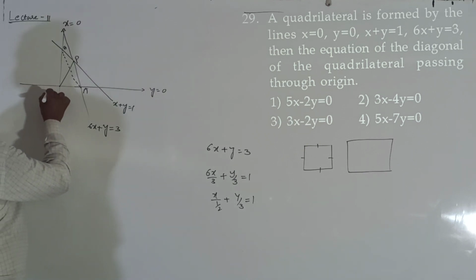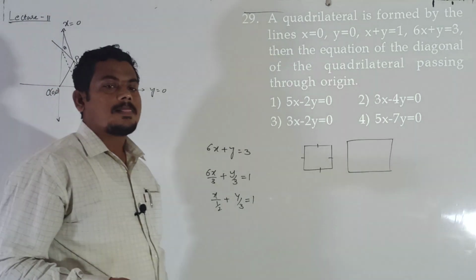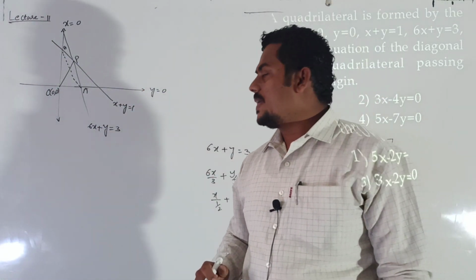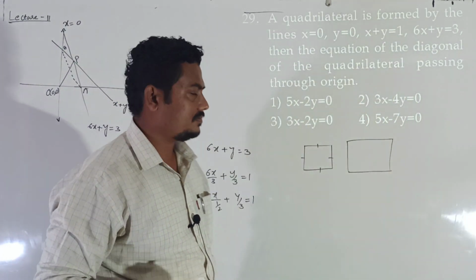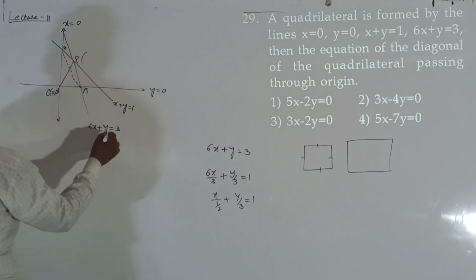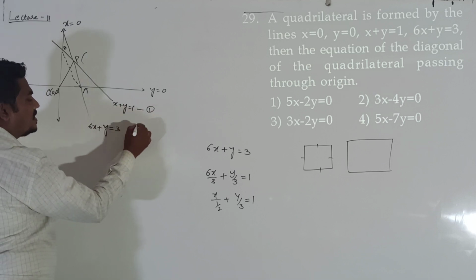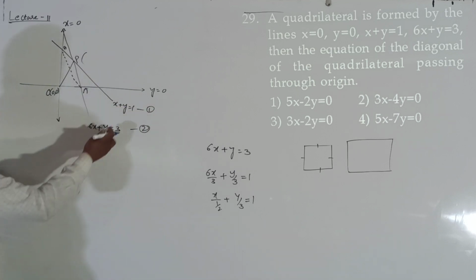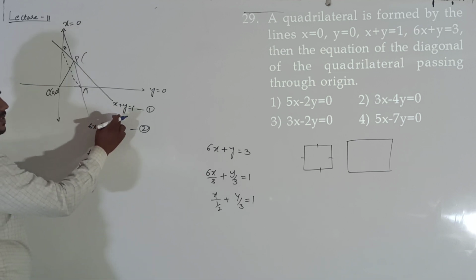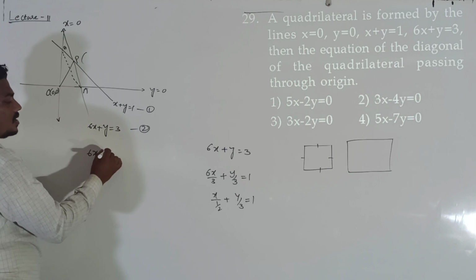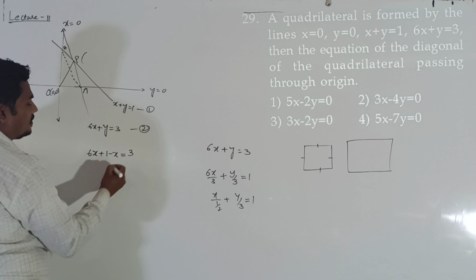O's coordinates are already 0, 0. We need point P. How to find point P? Just solve the given two equations, then you get the point of intersection. Suppose this is equation number 1 and equation number 2. Replace the y value; from this, what is the y value? 6x plus 1 minus x is equal to 3.